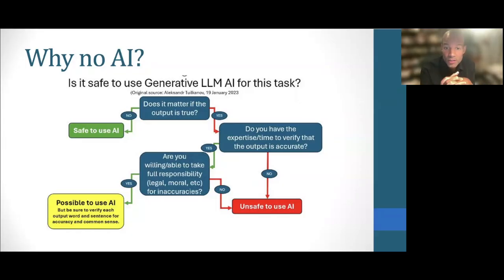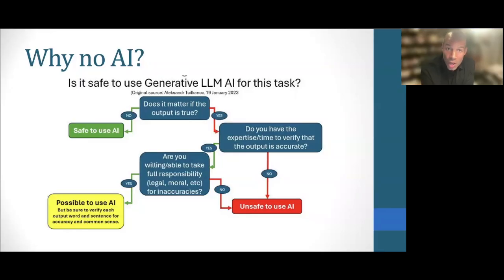Now we go to the next question. Do you have the expertise and time to verify that the information that you get is true? Our class is only 7 weeks if we're doing the express session of this class. Regardless, we have a limited amount of time to get these outlines together. So do you have the time and expertise to verify that the information is true? Maybe you do, but for most of us, we probably don't. We don't want to spend the rest of our lives doing this assignment.